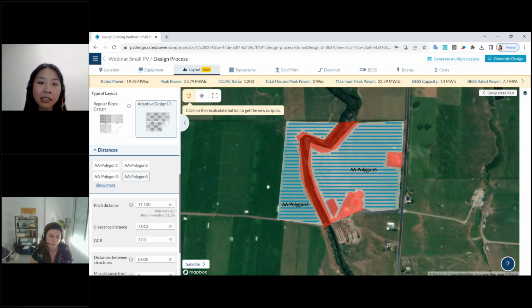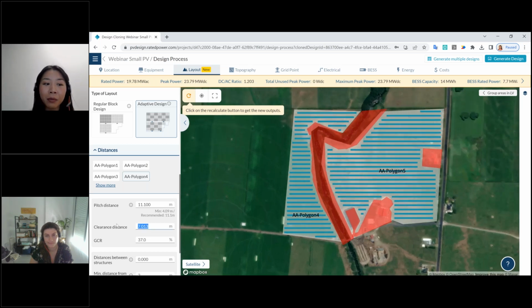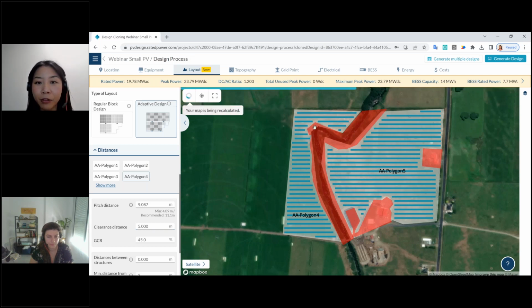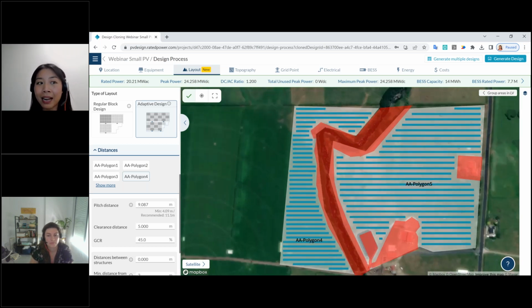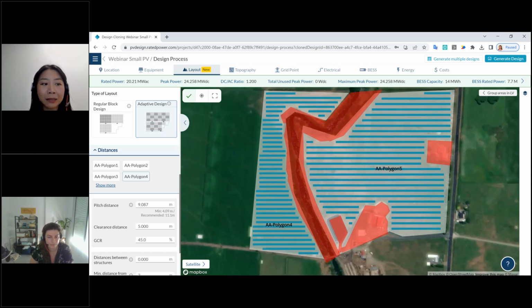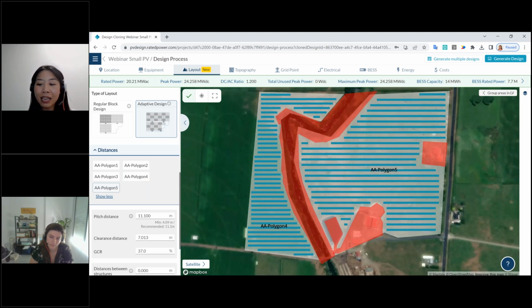So on the west bank, I don't see any animals there, so I probably will shrink the clearance between the structures, or the pitch distance, if you're more familiar with that. And you can see that the software immediately gives you a better optimized design for the layouts with shorter pitch. And on the east bank, I'm going to keep it even wider for the animals to run through the passages.